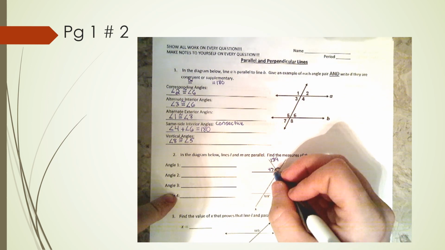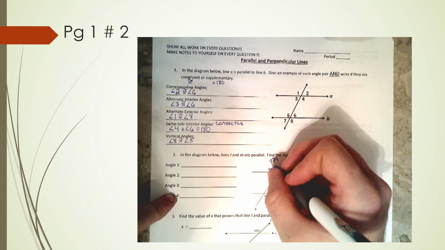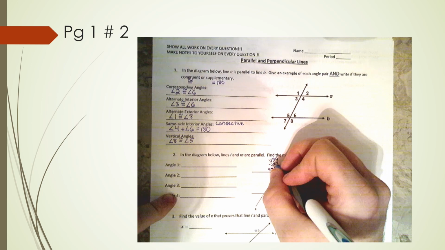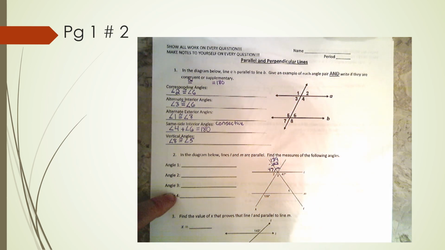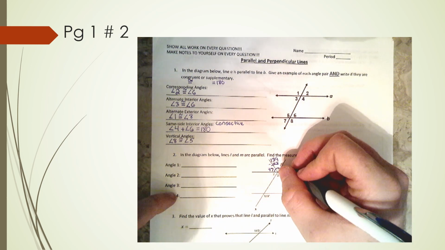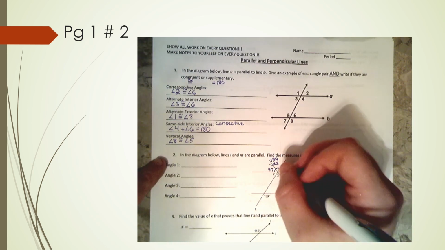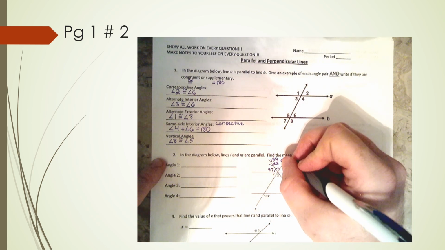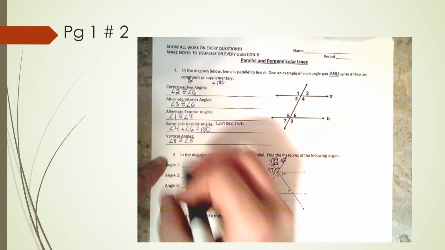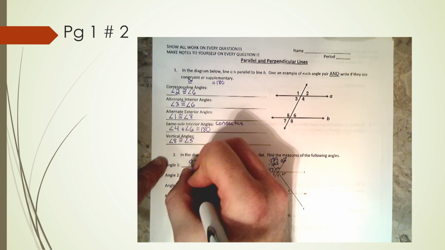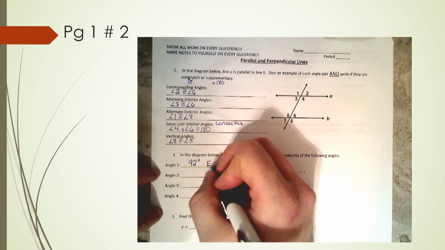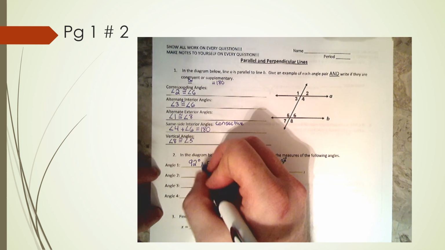So the way I'm going to find out how big 1 is actually is to subtract that 47 from 139. When I do that, I'm going to get 92 degrees. So angle 1 is equal to 92 degrees. And make sure you do not forget that degree symbol. So the way I found this one was with alternate exterior angles.